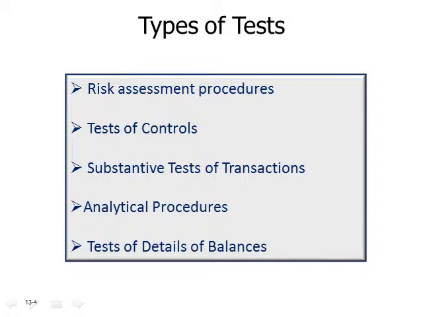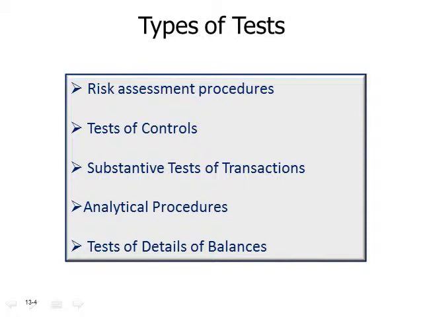And these tests of controls could include inquiries of appropriate client personnel, examination of documents, records, and reports, observation of control-related activities, and reperformance of client procedures. As you recall, each of these tests that we talked about were all types of evidence gathering, dealing with inquiry, examination, observation, or reperformance.